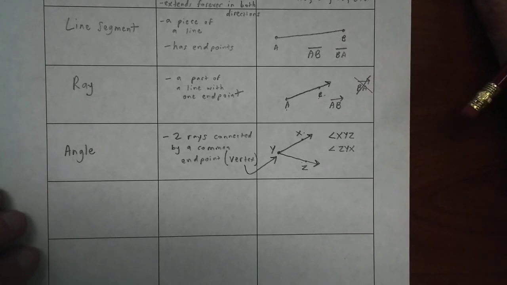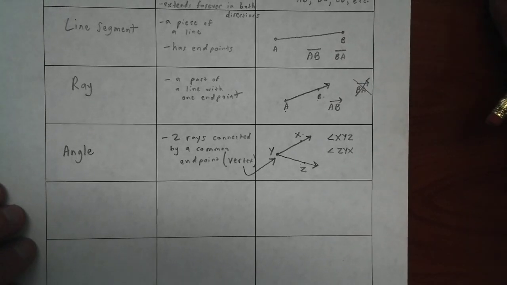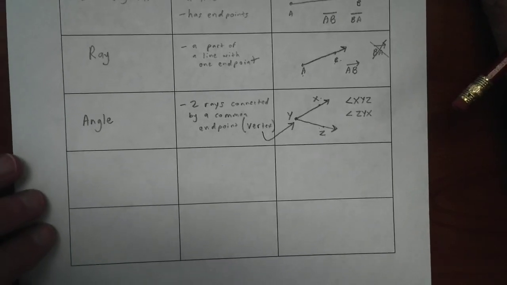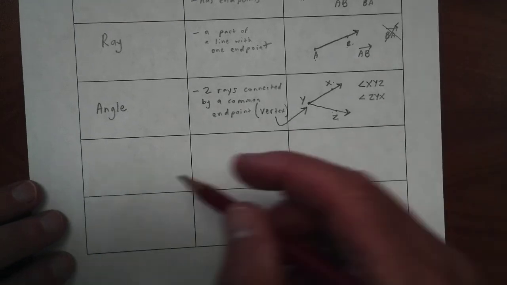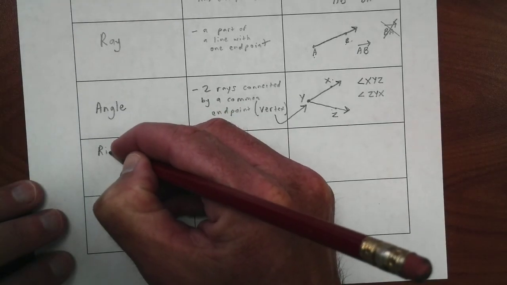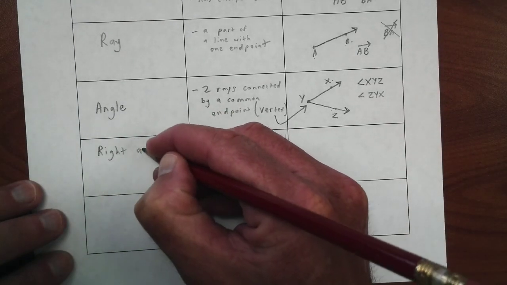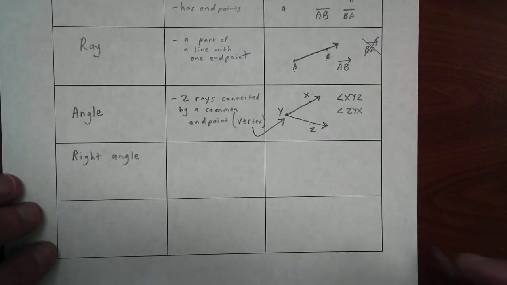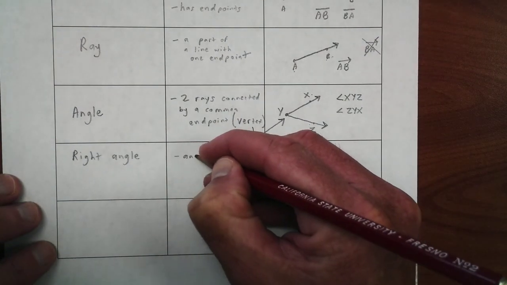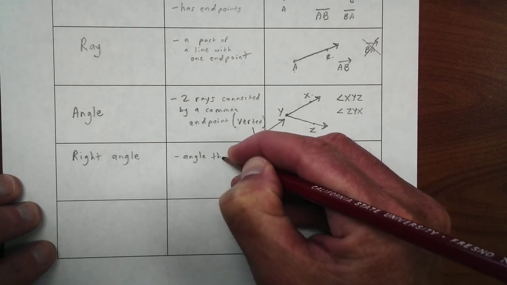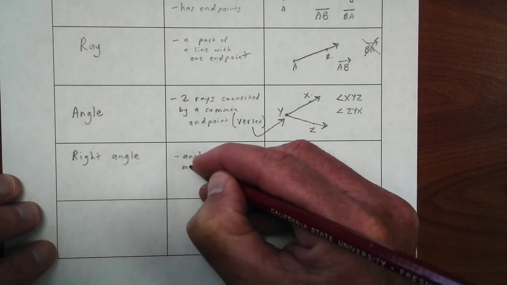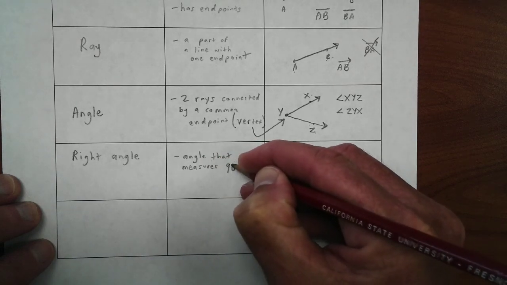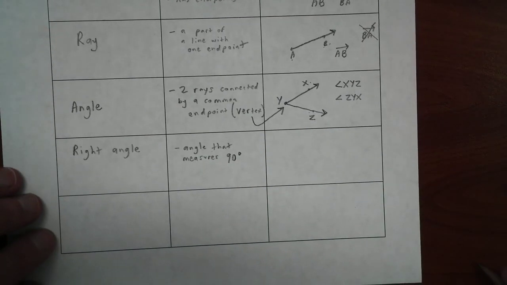All right, there's types of angles too, which you've probably heard before. There is such thing as a right angle. A right angle is an angle that measures 90 degrees.